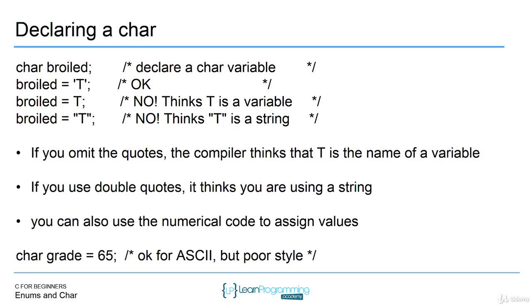So if you assign 65 to grade, it's going to look 65 up in the ASCII table, and it's going to be the equivalent of whatever character that is. And you'd have to look in the ASCII table to see what that character is, but I know B is like 48. Again, this is the way the computer represents certain characters, by numbers. So you can assign numbers to characters. They're just going to be converted to single characters based on what they are in the ASCII table.